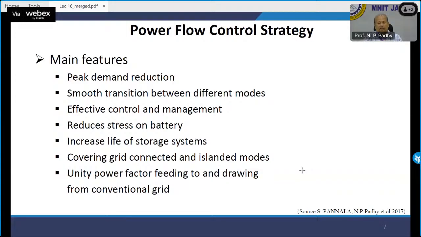Covering grid connected and islanded modes, unity power factor feeding to and drawing from the conventional grid. So what is the advantage of unity power factor feeding to and drawing from the conventional grid? Whenever you take power from the grid, you take it at unity power factor, and even when you give it, at unity power factor. You must be aware that once upon a time the Germany grid collapsed because of huge amounts of PV integration.